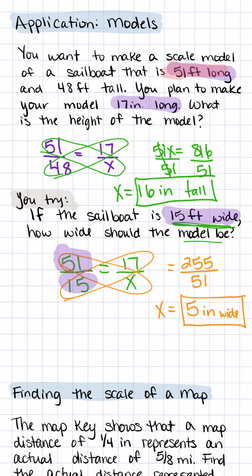So this is the actual one, and then the one over here is the model. So we already still knew about the 17, so using those because those lined up, and then adding in the 15 and the x, I cross multiplied. 15 times 17 is 255 divided by 51 equals 5 inches wide.